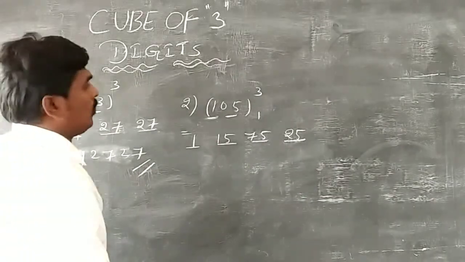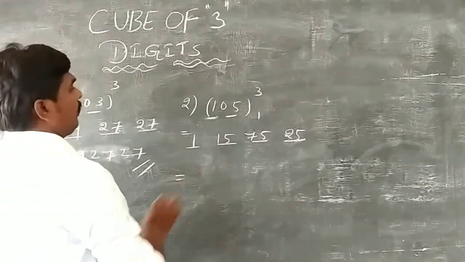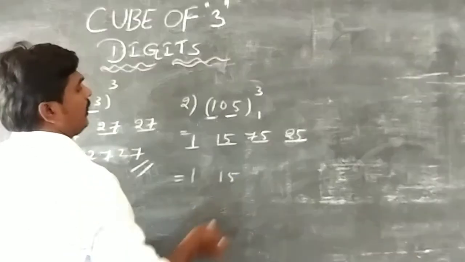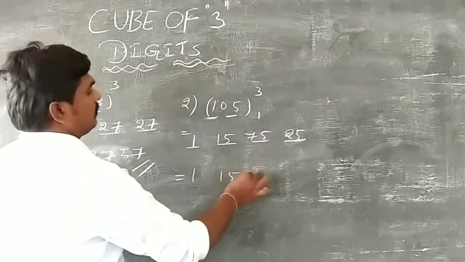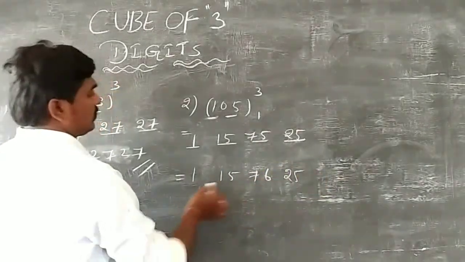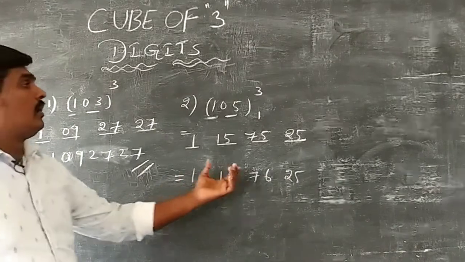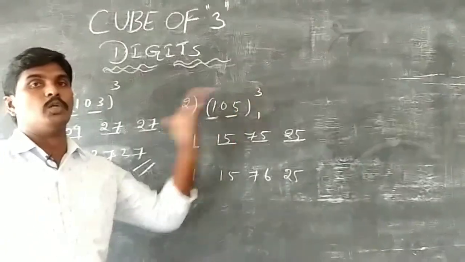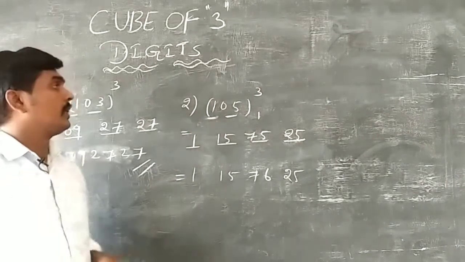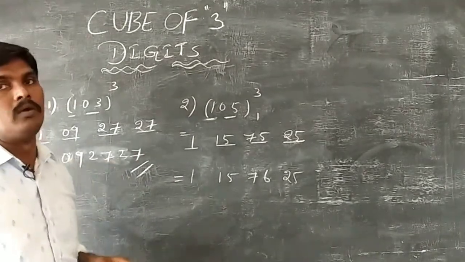Now the final answer is 115, 75 plus 1 is 76, 25, right. So this is the answer for 105 whole cube. Next, one more sum I want to explain.